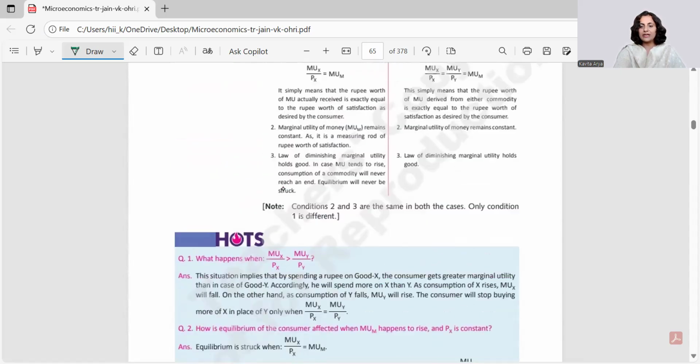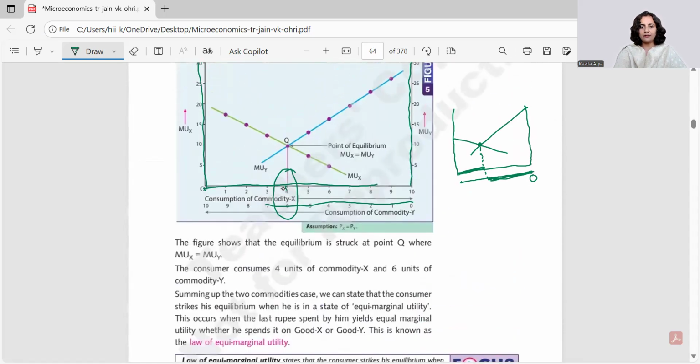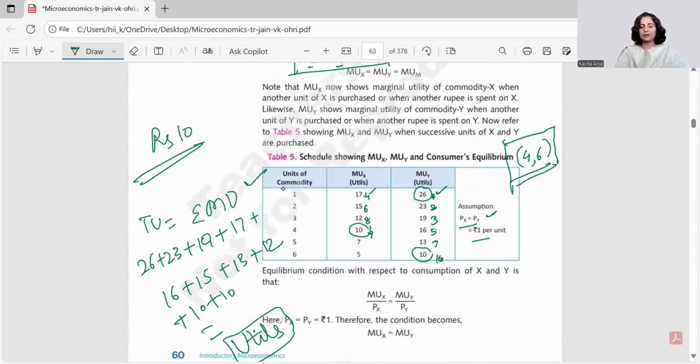So with this, we are done with the explanation of the two commodities case, X and Y. The numerical has also been solved, and it's always advised if it is asked in the examination, you better take PX and PY to be unit, 1 rupee, right? And other levels of complication would be discussed in the next module, wherein I'll take some examples and illustrations to tell in that case how to go about.